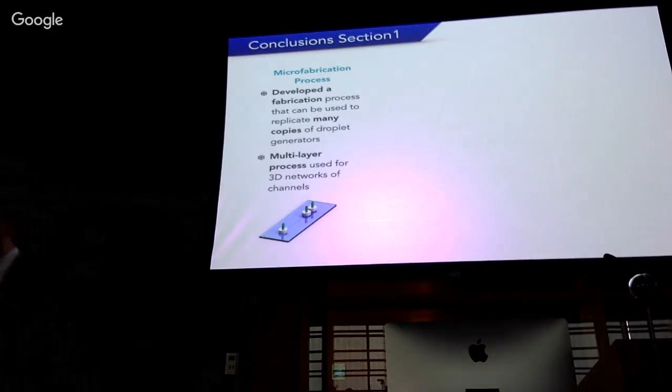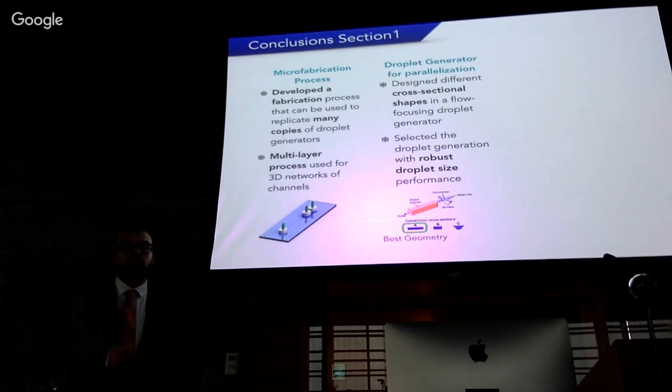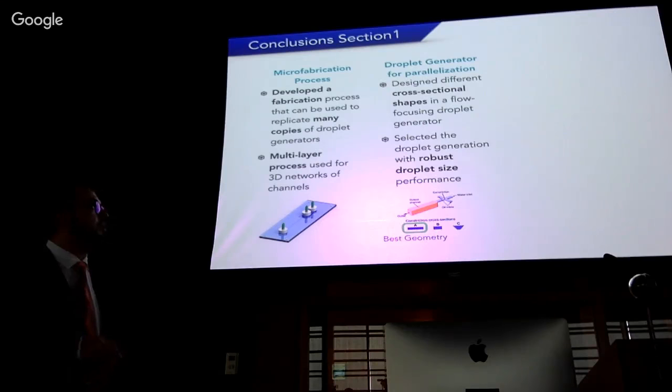So we developed a fabrication process in which we can reproduce or replicate many copies. And we also have multi-layer, so we can do stacks of channels. Then we also study droplet formation. We design different droplet generators with different cross sections.